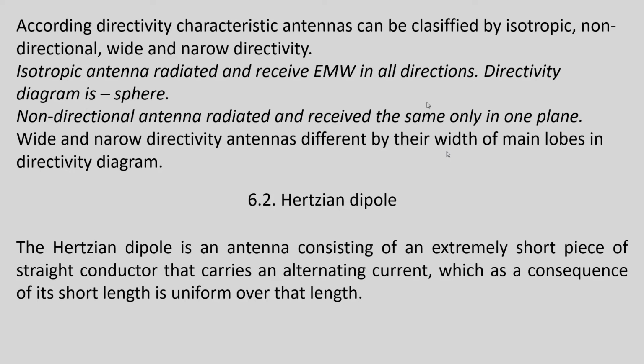Books start to talk about some kind of theoretical antenna. It's called the Hertzian dipole. So it's a very short element of wire, infinitesimally thin, and due to that, it is very short.